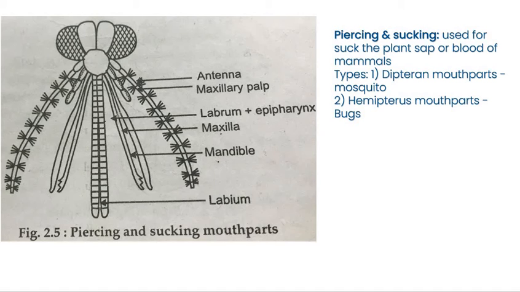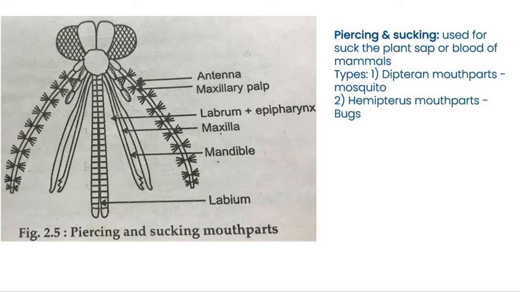The maxillae enclose two grooves: the larger groove acts as a food canal for the upward flow of blood, and the smaller groove as a salivary canal for the downward flow of saliva. The maxillary palps and labial palps are absent. This is the piercing and sucking type of mouthpart.